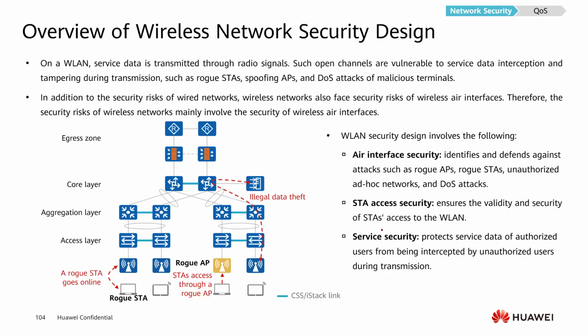And for the wireless network, think about the WLAN. The WLAN sends data through radio signals, and it's very easy for an attacker to get the information and attack our network, causing security problems for our WLAN networks.